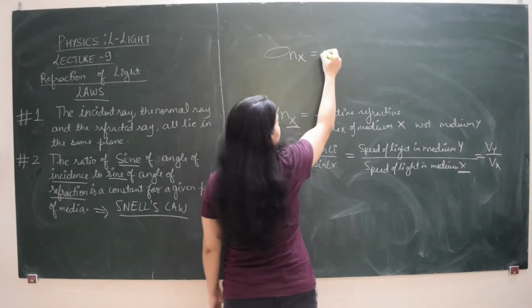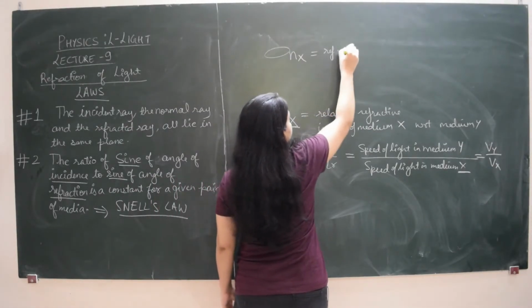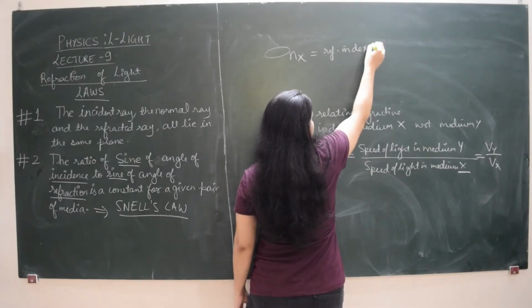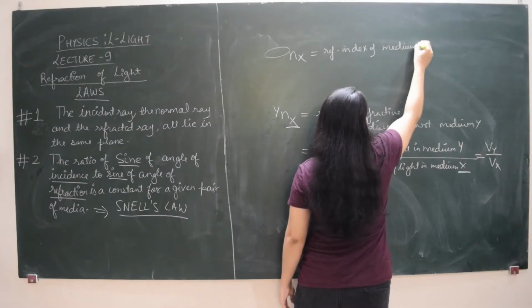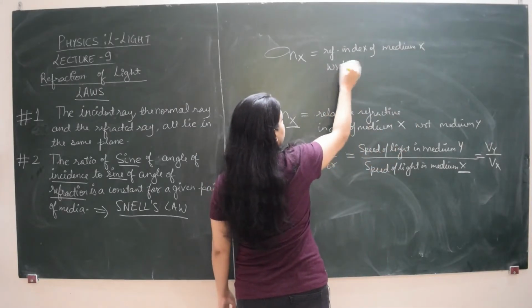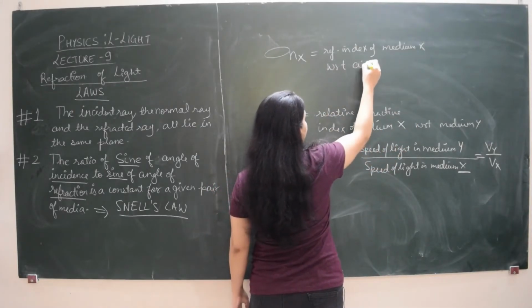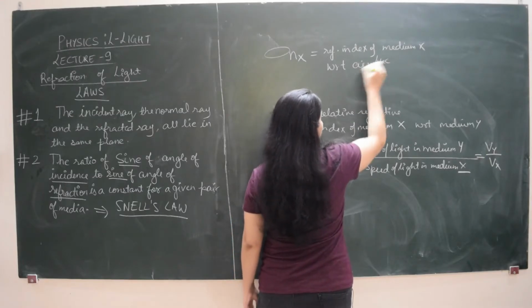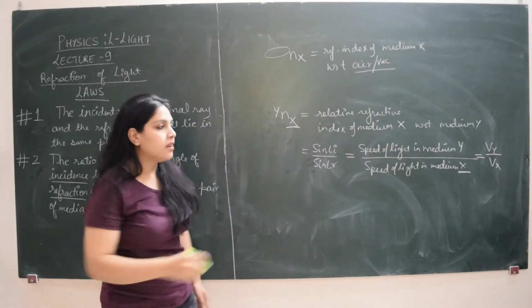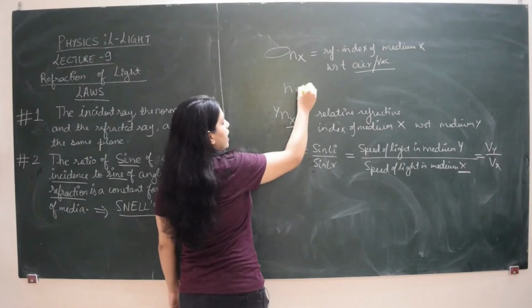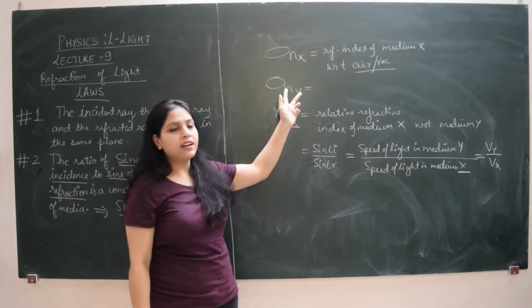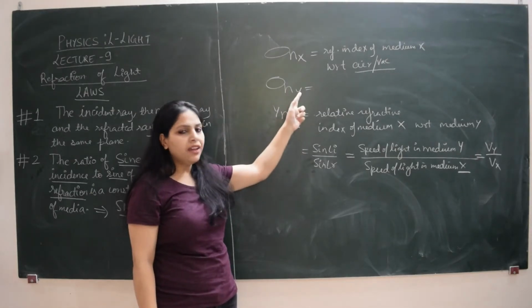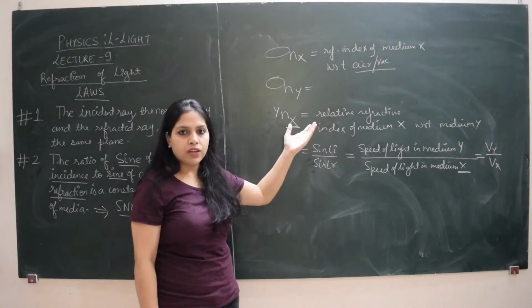So this is the refractive index of medium x with respect to air or vacuum, anything. Okay, again if I write ny, I don't write anything here. It simply means I am finding out the refractive index of this medium y with respect to air or vacuum.